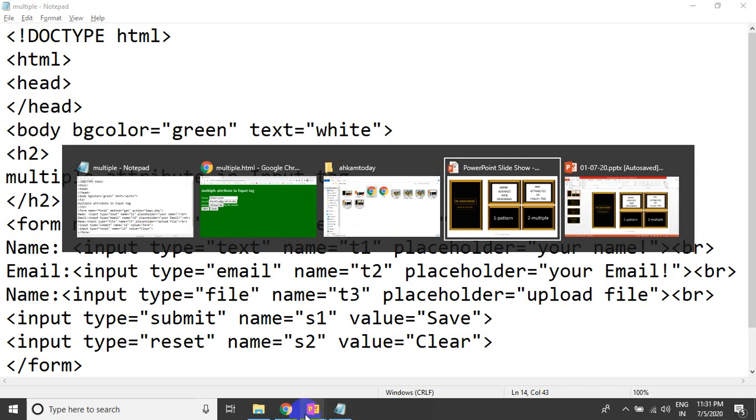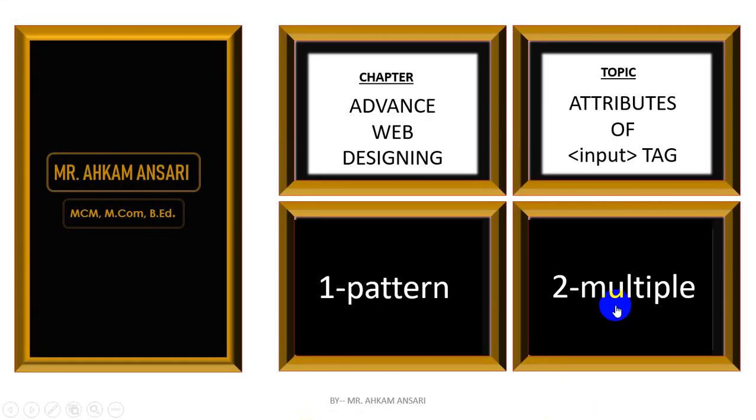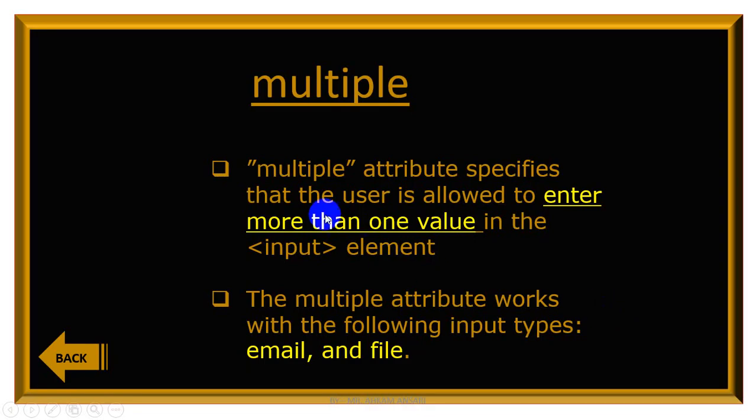Okay, just see what the multiple attribute is talking about. If you use the multiple attribute, it specifies that the user is allowed to enter more than one value. The default is that you cannot insert more than one.